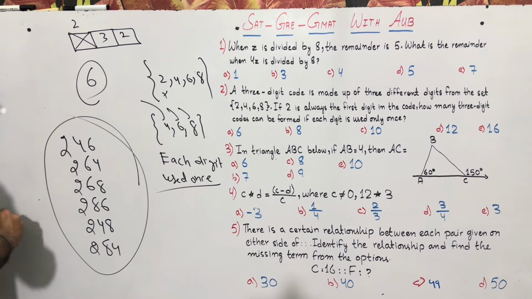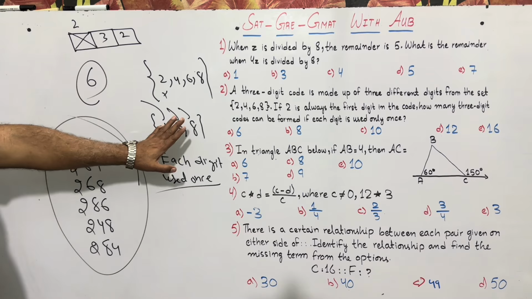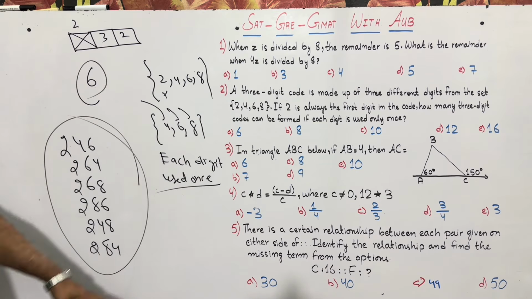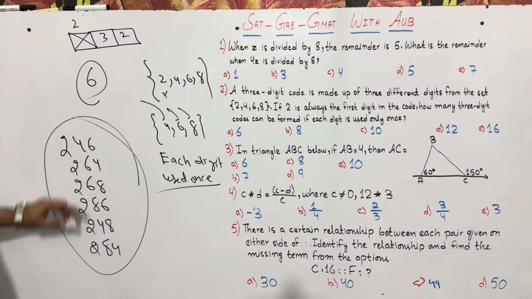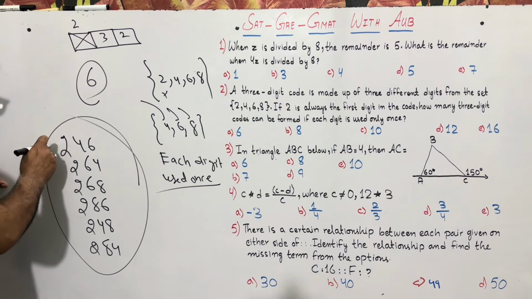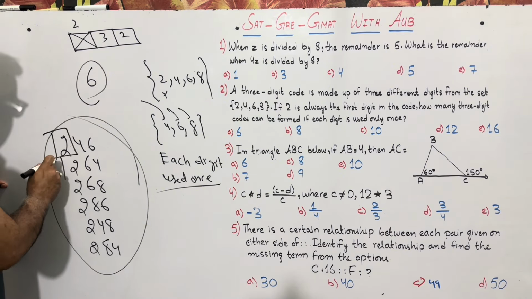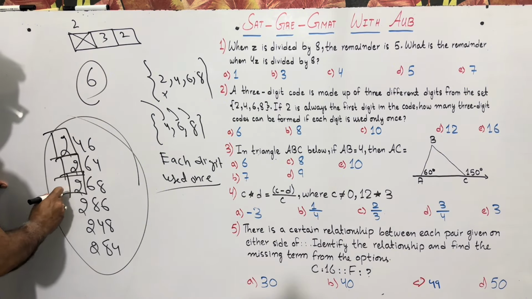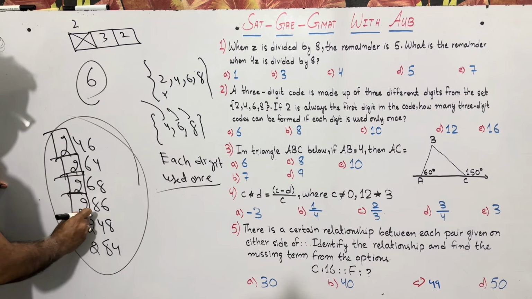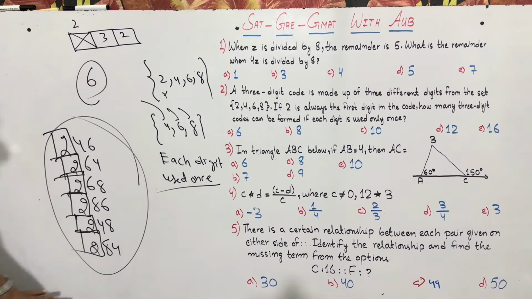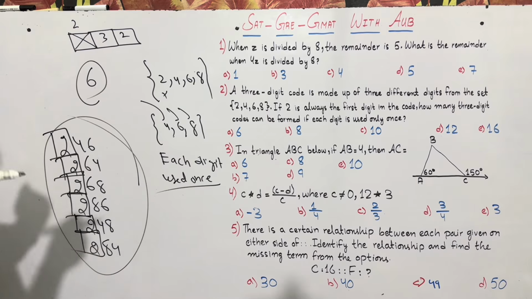These are the 6 different combinations comprising the digits 2, 4, 6, 8, where we have been restricted that the first digit must always be 2, as mentioned here. So we have 6 different possibilities to make such a code.